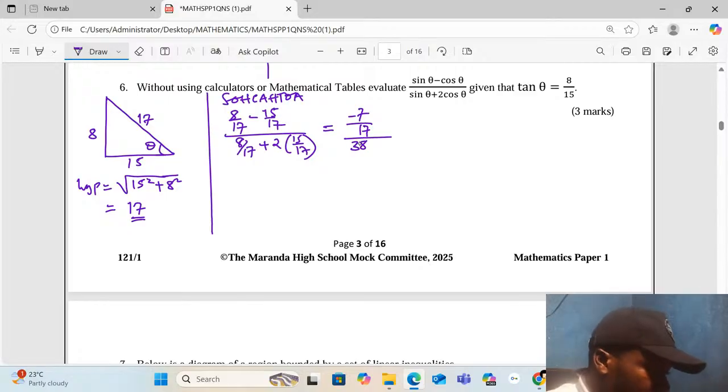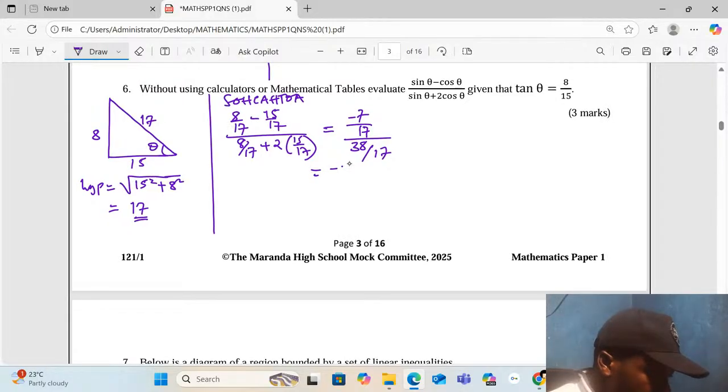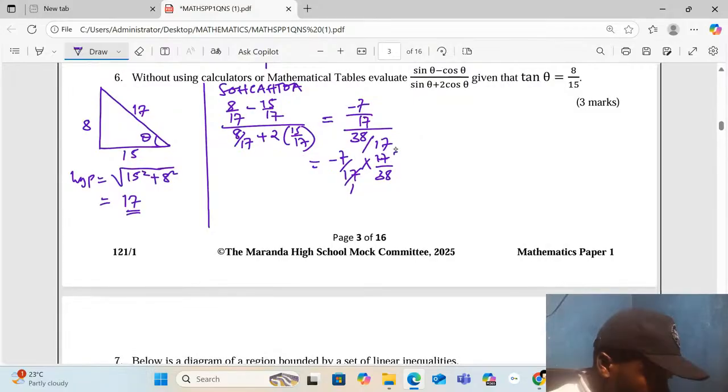So I was saying now you take the answer for the numerator, which becomes negative 7 over 17. Then we divide by 38 over 17. So this one will give us negative 7 over 17 times the reciprocal, which is 17 over 38. So this one will go with this one, 1 and 1.